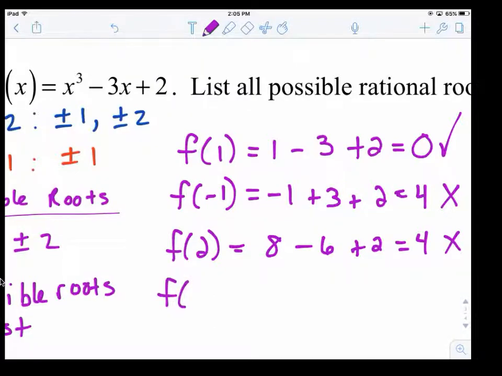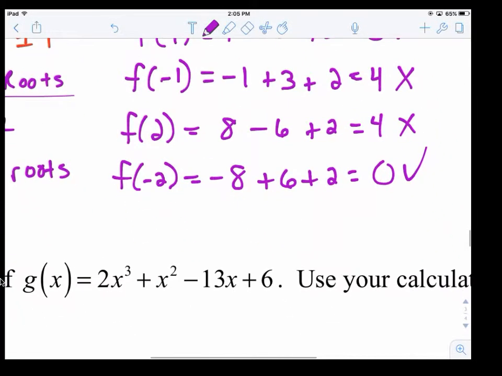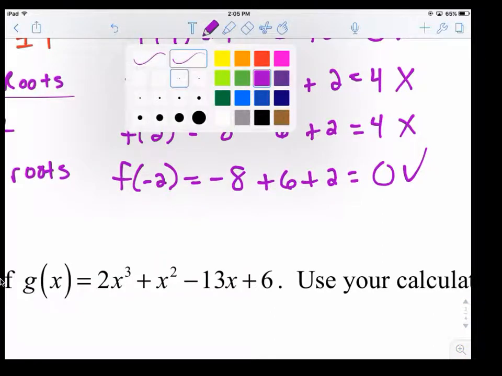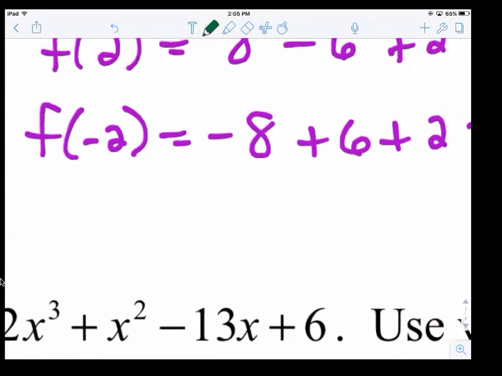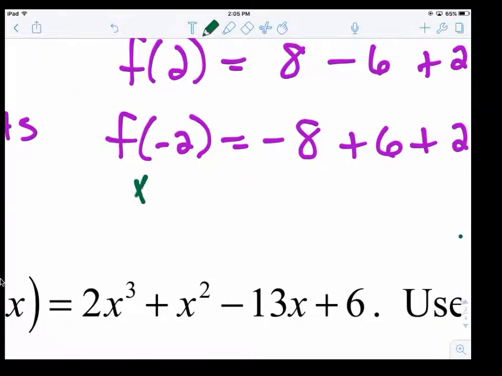And then if I do negative 2, I get negative 8 plus 6 plus 2, which is 0. So that is good. I figured out that I have a root at x equals 1 and x equals negative 2.